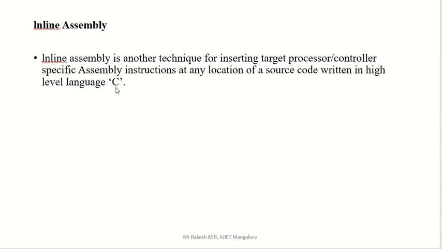But in inline assembly, we take one line of assembly at the 10th line of C, another assembly instruction at the 12th line of C, then another at the 19th line of C. Like that, we take randomly anywhere in the C code one line of assembly language. This is called inline.